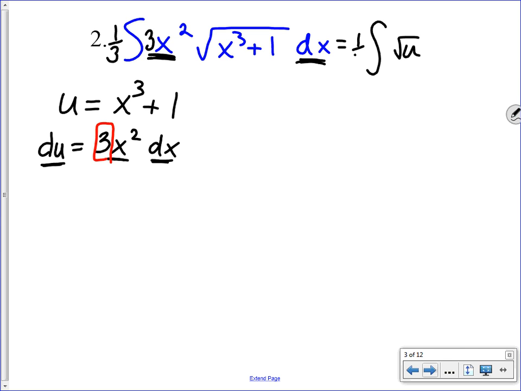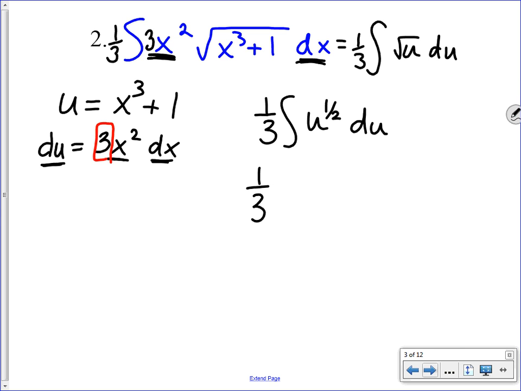So now this becomes this integral, which is now in terms of u. But we have to keep that 1/3 in front. Now, it's just a constant multiple, so we're just going to bring it down when we antiderive this. I would convert that radical to a fractional exponent, and that way you can just apply your power rule.